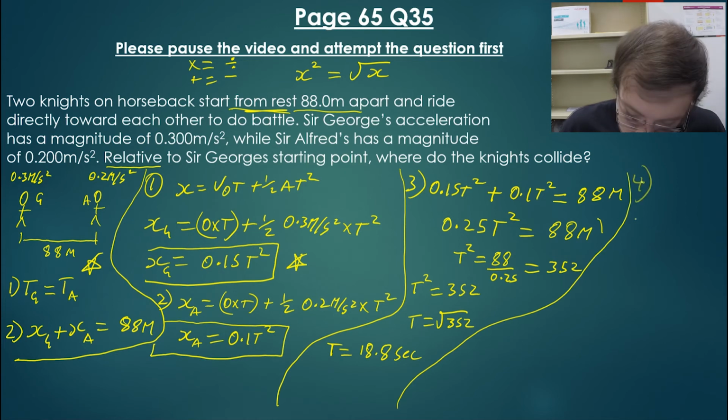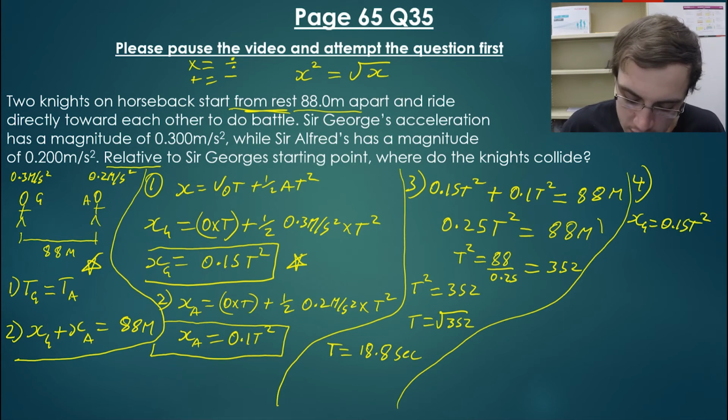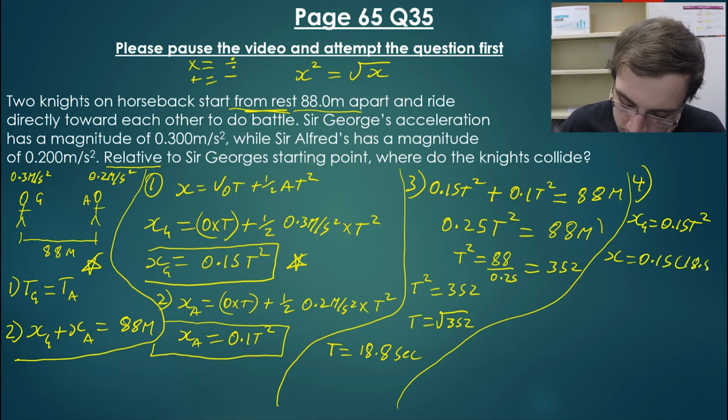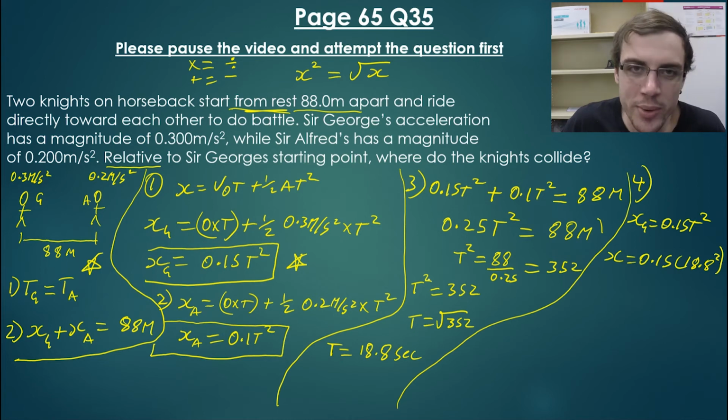So the displacement of George is equal to 0.15 t squared. So displacement is 0.15 times 18.8 squared. We know that 18.8 squared is going to be 352 because we're just doing the opposite of what we did here.